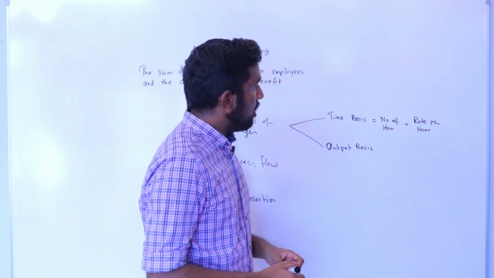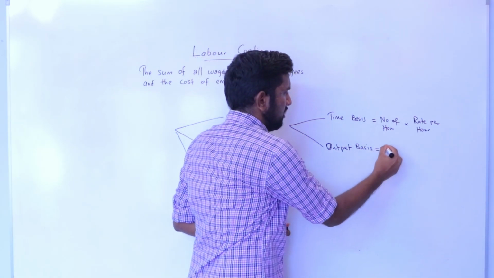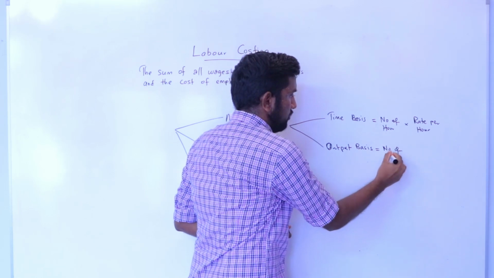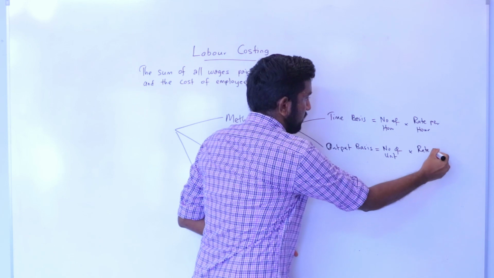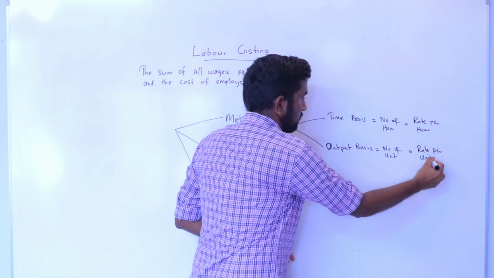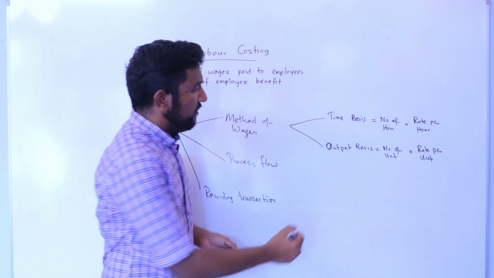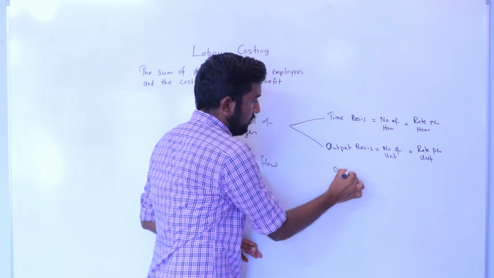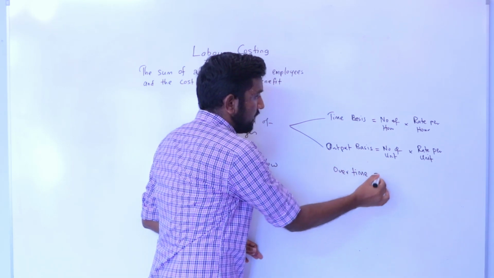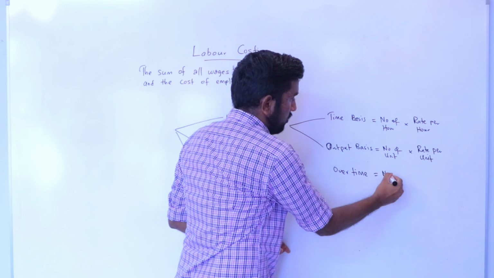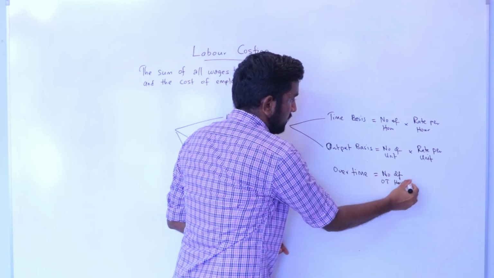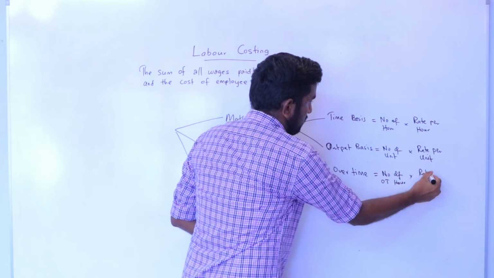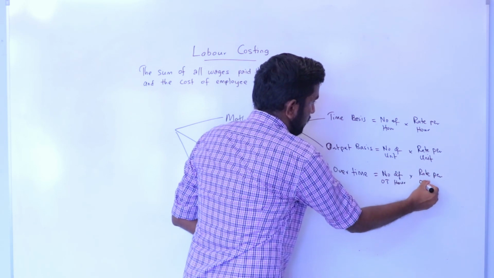And the second one is output basis, which is number of units into rate per unit, right? And we do have overtime payment also. So overtime payment equals number of overtime hours into rate per overtime hour.